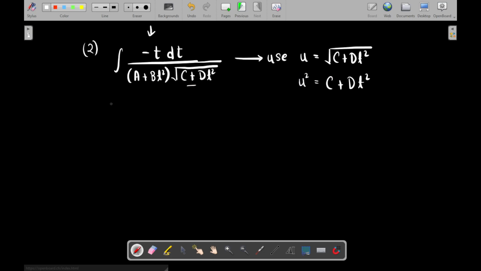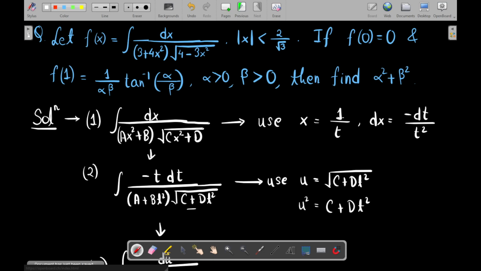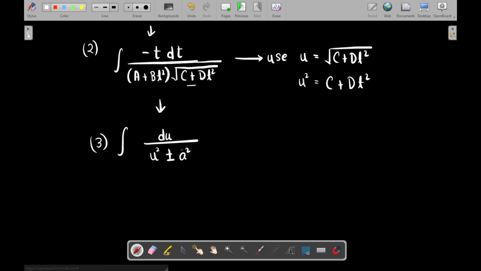Once you do this, the integral will further change to a format of integration of du upon u² plus or minus s², where s is a different constant from a, b, c, d, which changes after the algebraic simplification.